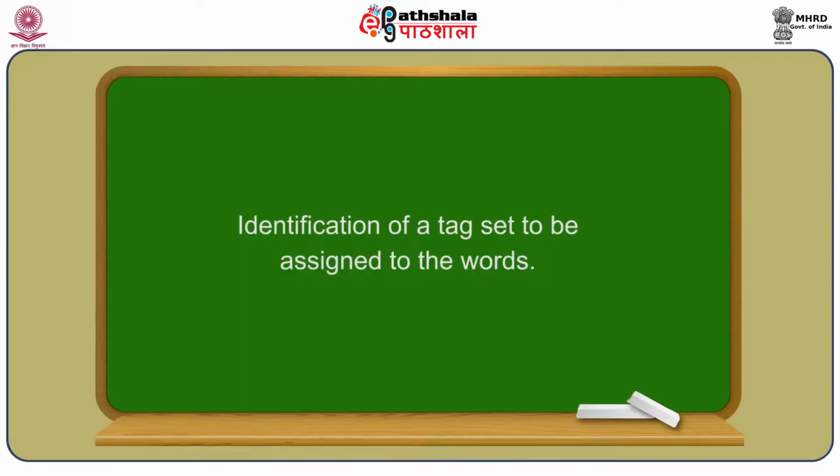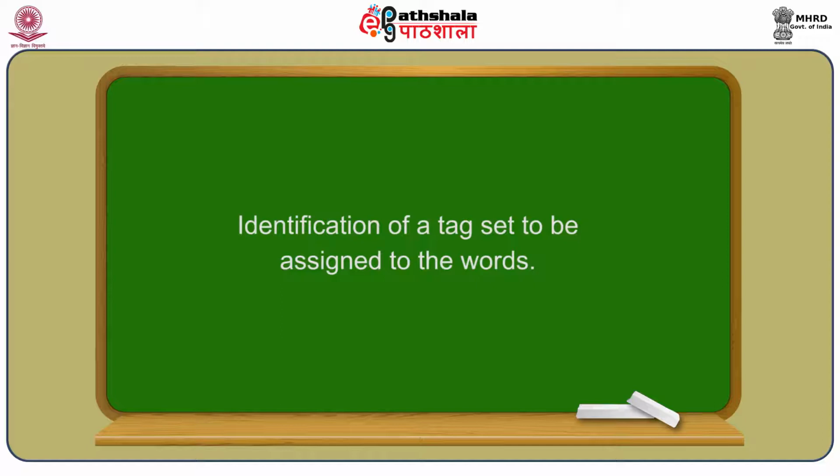Another important part in the whole process of parts of speech tagging is the identification of a tag set to be assigned to the words. If you want fine-tuned information assigned to the words in the language, we need a well-defined tag set. So tag set development is a long debatable issue.